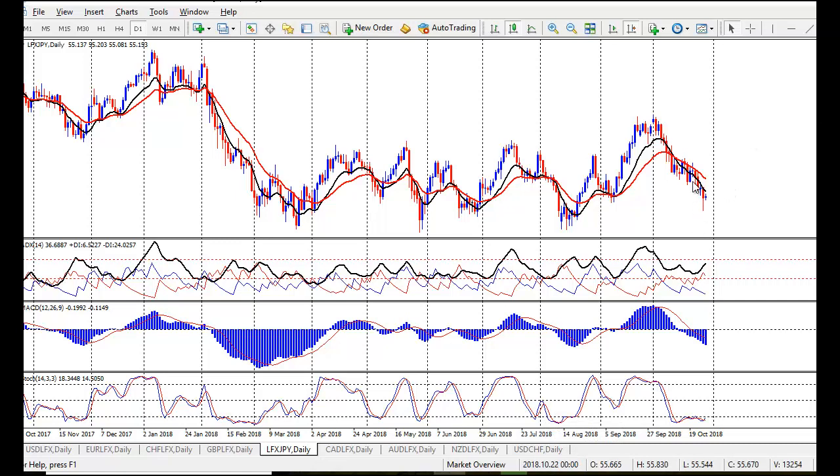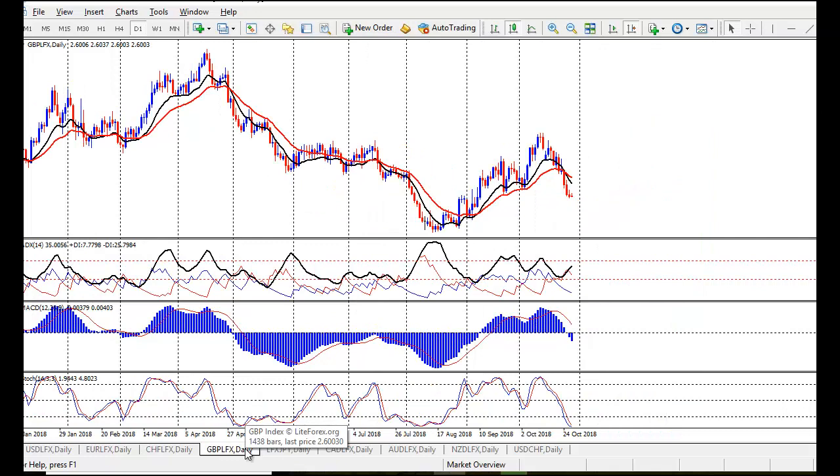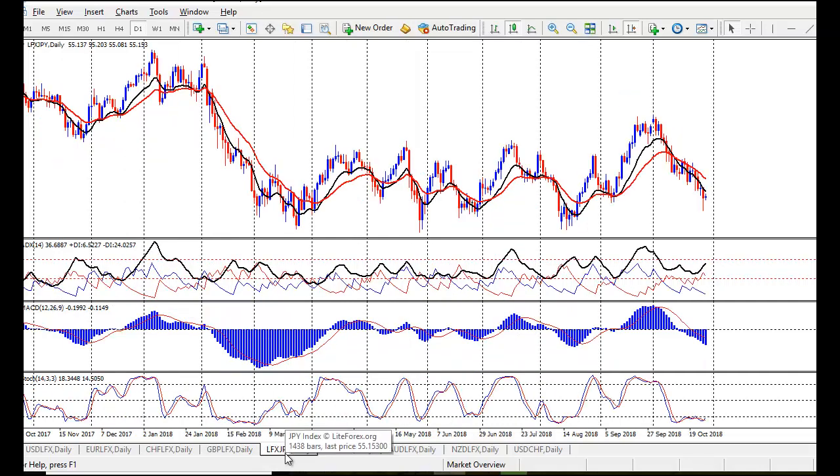Now for those of you who don't really know this, in the Light Forex demo account, the yen index, so this is the pound index, you can see it is written as GBP LFX, but for yen it is the other way around, it's vice versa, LFX JPY. Now don't ask me why it is like this, I don't really know, but all this means is that you have to look at it in the opposite direction.